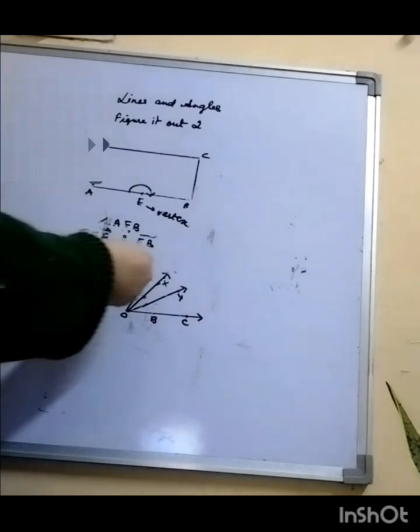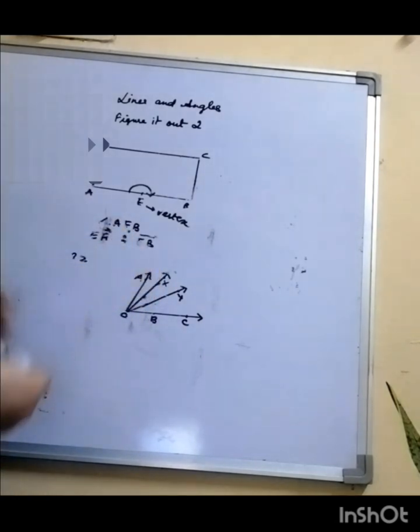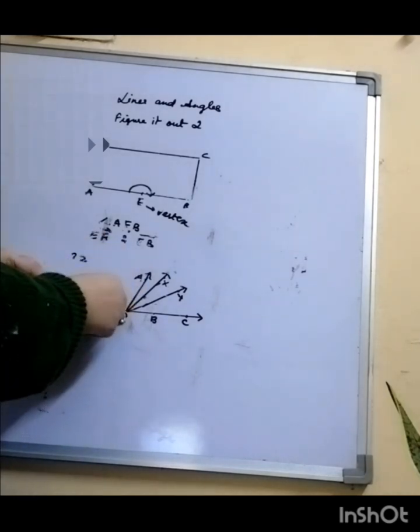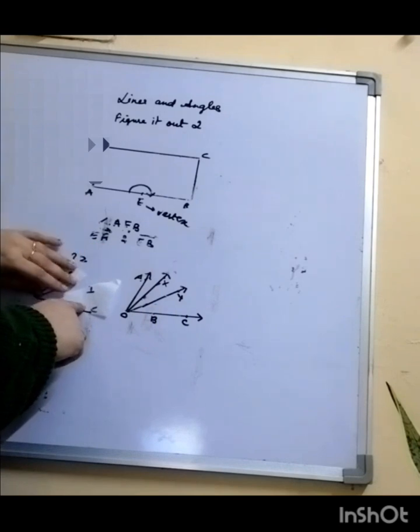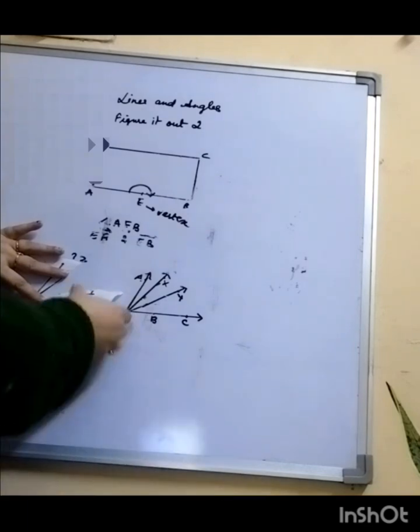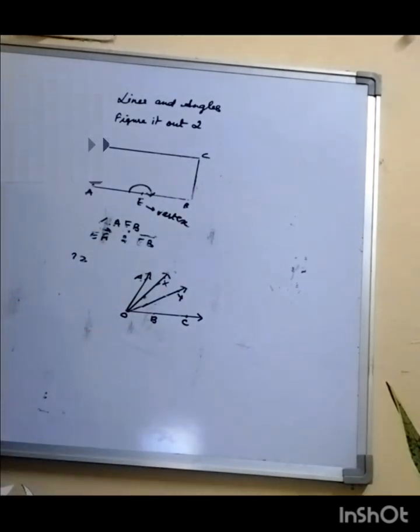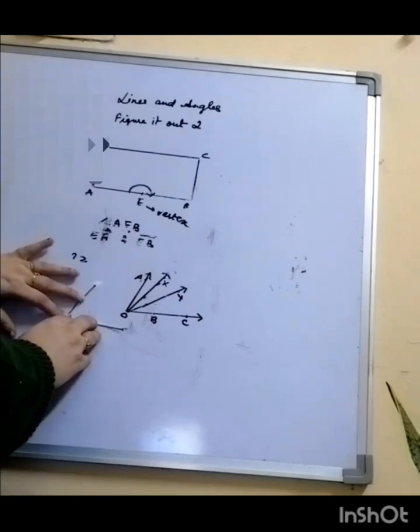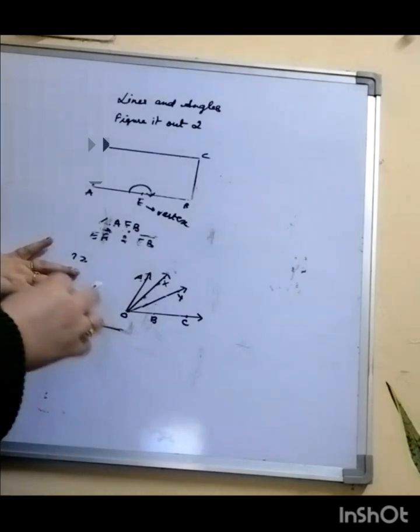So this is my angle AOB. This whole angle is AOC, sorry, AOB. It is like this. So I have reduced the angles to lines only. This is AOB and this is my XOY.